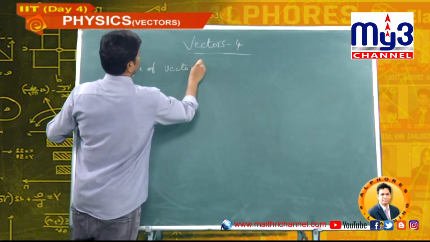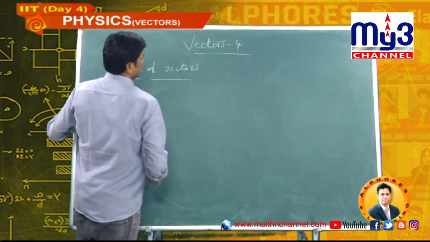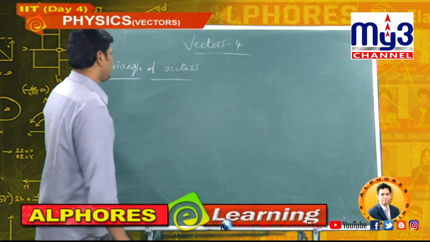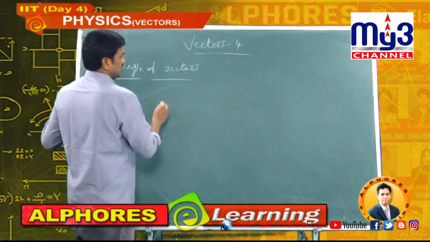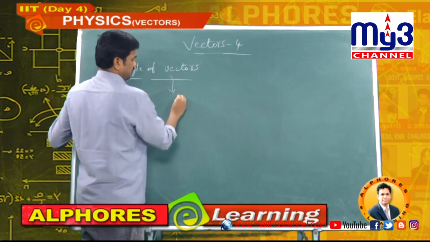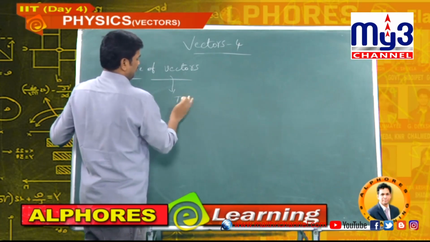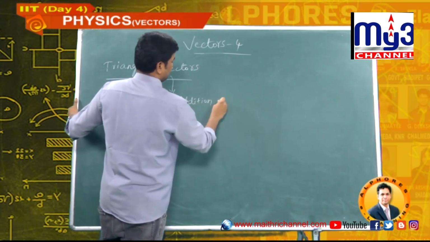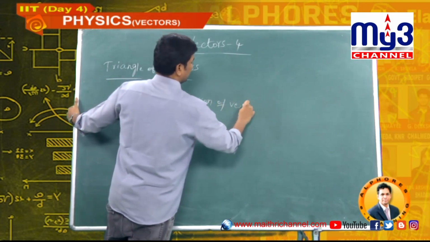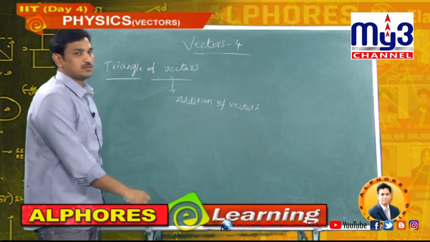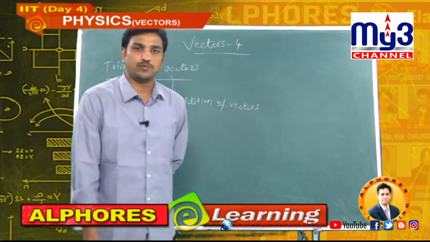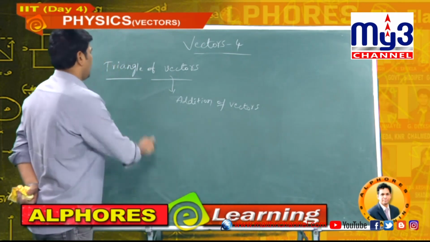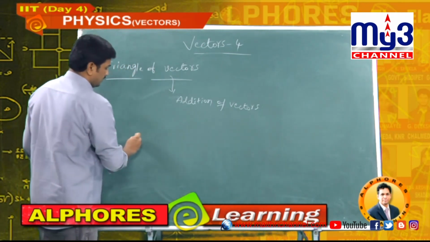These laws are very important and very much used in different numericals. Triangle law of vectors is used for addition of vectors. When we want to add two vectors with the angle between them other than 0 and 180, we will use this law.